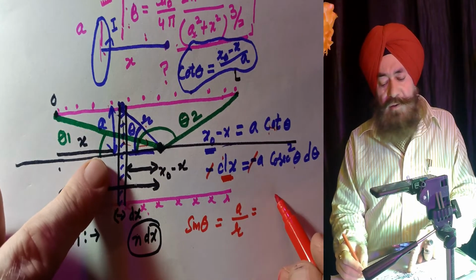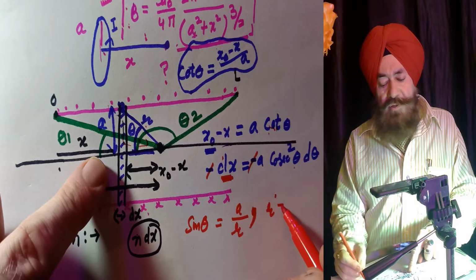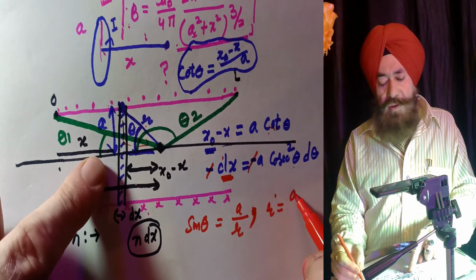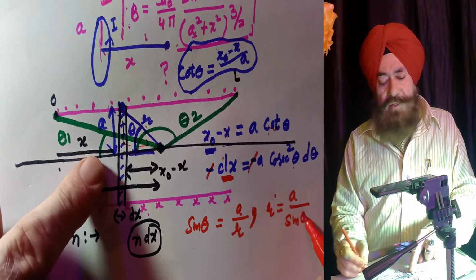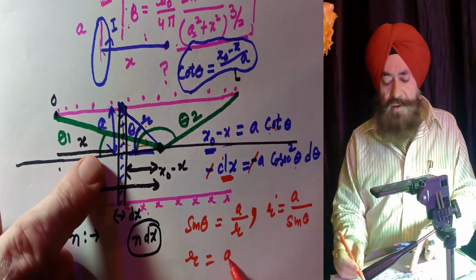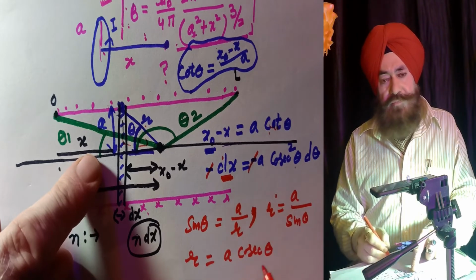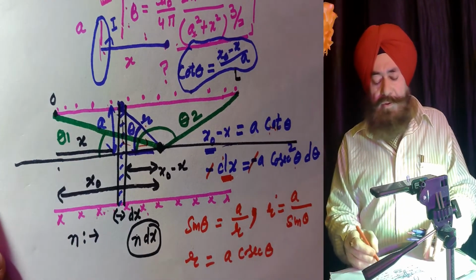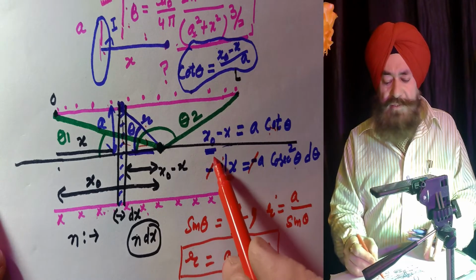You know very well, or you can say from here, r is equal to a upon sine theta, or r is equal to a cosecant theta. So this is the value of r, and this is the value of dx.